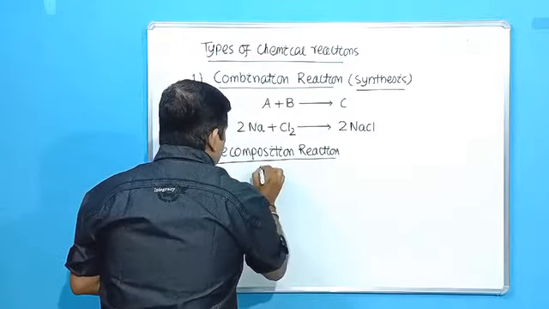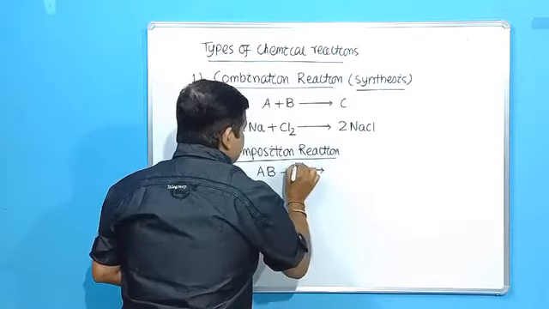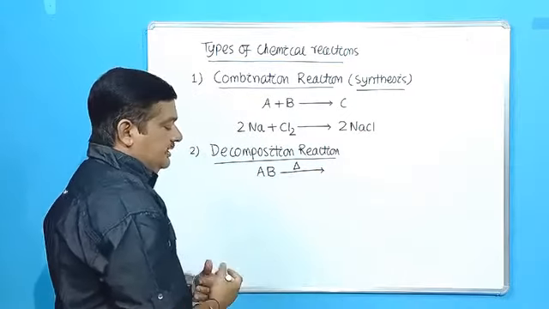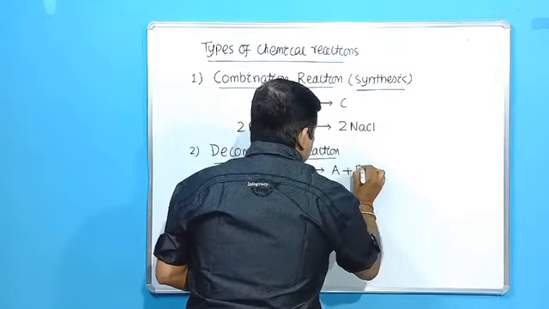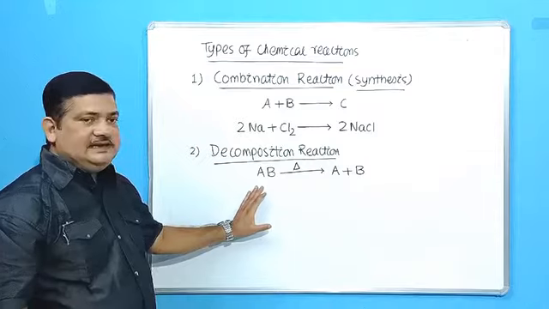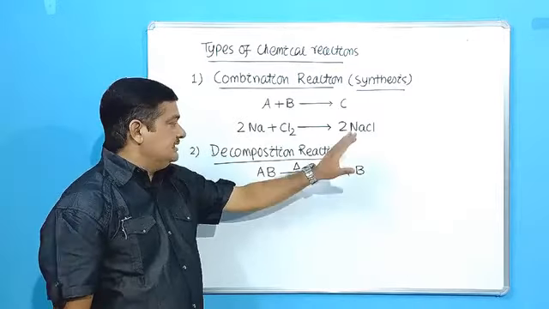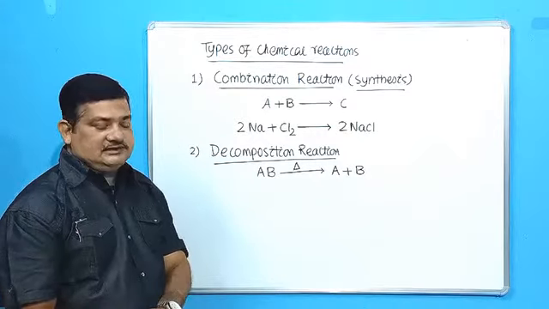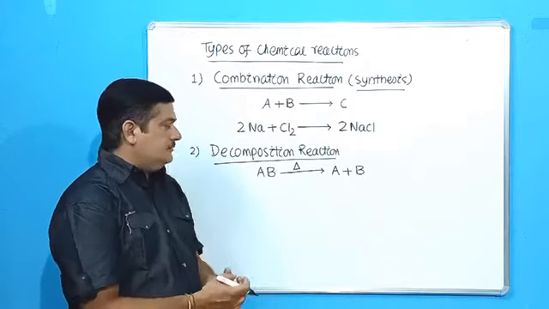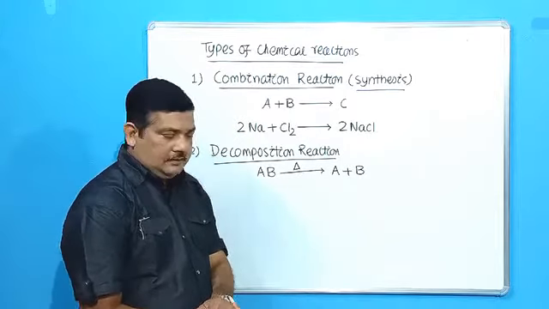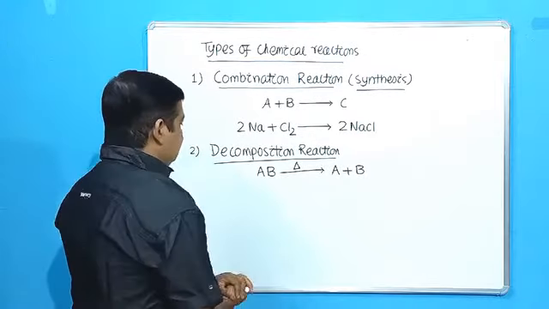That means AB will break down in the presence of heat, light, etc. It has to break down to give two or more substances, A plus B. So when a single substance breaks into two or more simpler substances, then that reaction is called decomposition reaction.